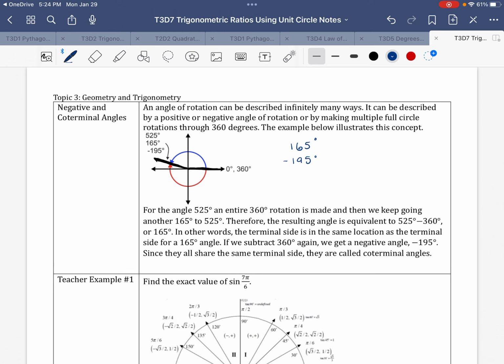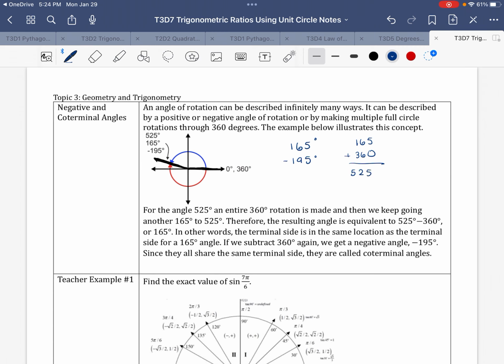From there, we can add or subtract 360 an infinite number of times in order to get other ways to name this angle. So if I do 165 plus 360, we end up with 525.